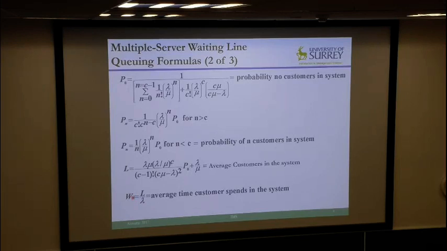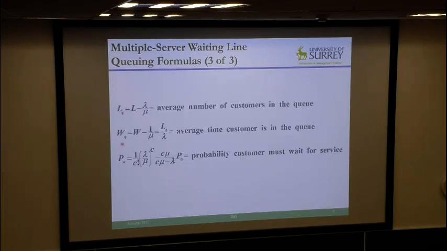Okay, and we also have some equations that are maybe not very different. For this one, it's basically the same: the average number of customers in the queue, LQ. The meaning of the symbols is the same.